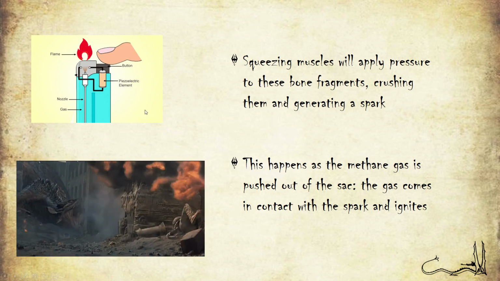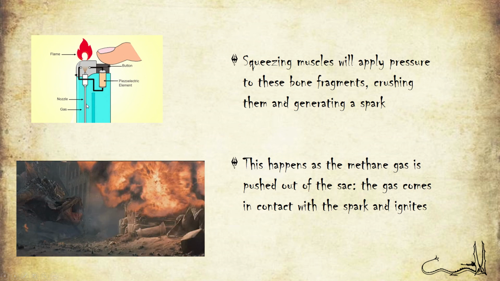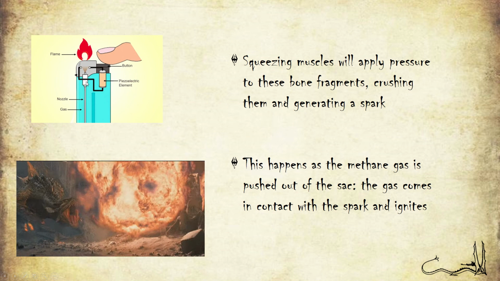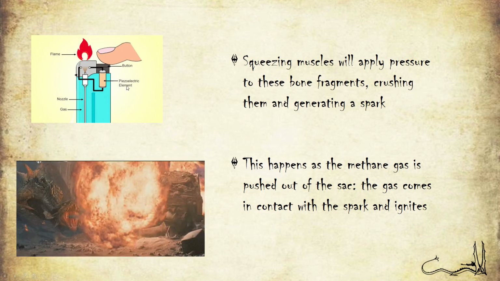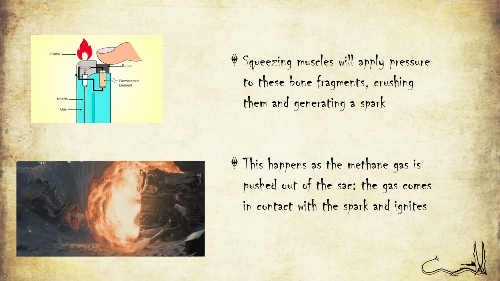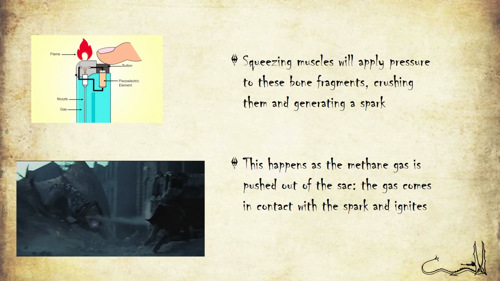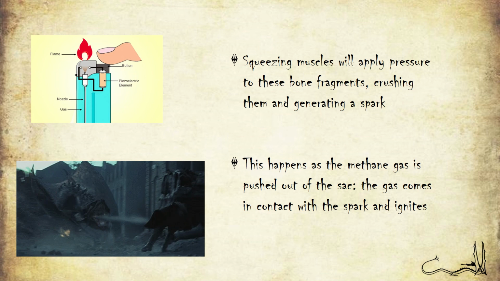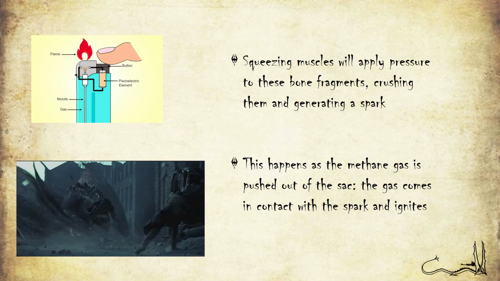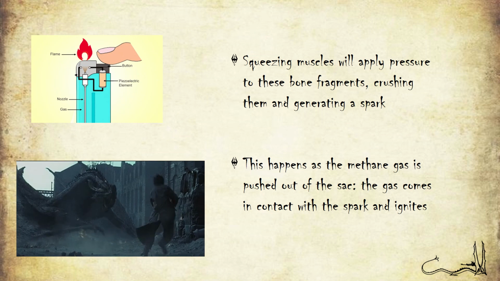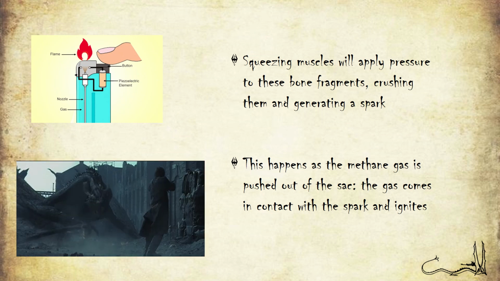So you can think of this nozzle here as a dragon's trachea, and as the gas pushes out of the second trachea, it comes in contact with a spark generated by the piezoelectric element, and as soon as the spark comes in contact with oxygen, then you get your fire. But the dragon is also going to have to secrete a special saliva to protect its mouth and throat from the heat, and it's also going to need to develop a palatal valve, like crocodiles do, to close the back of the throat to prevent excess gas from coming out.